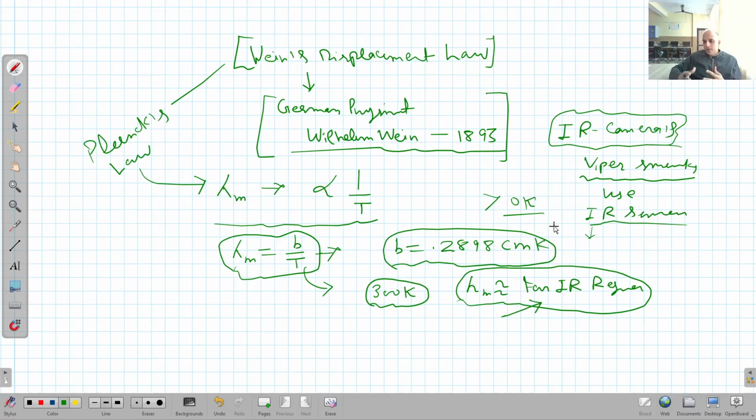Similarly, as I told you, there are certain species of reptiles like viper snakes, clear, pit viper, Russell viper. All of them have sensors on their head. Clear? These sensors are capable of detecting IR radiations.